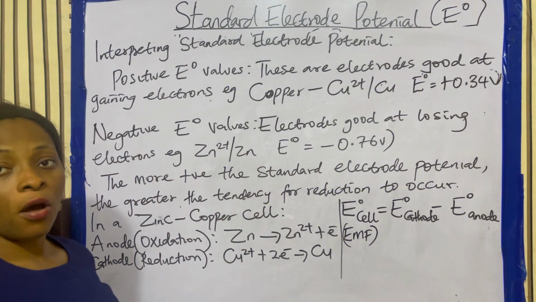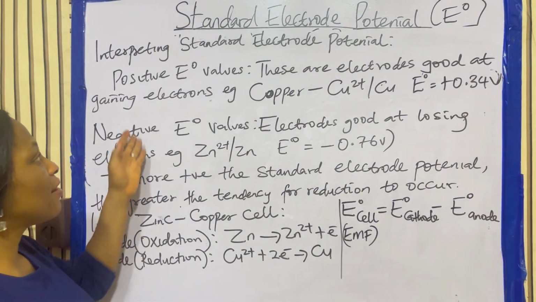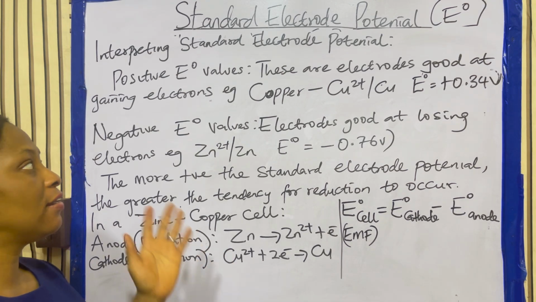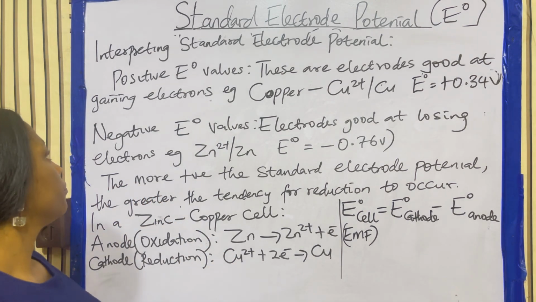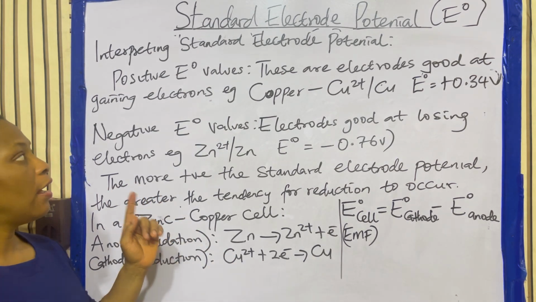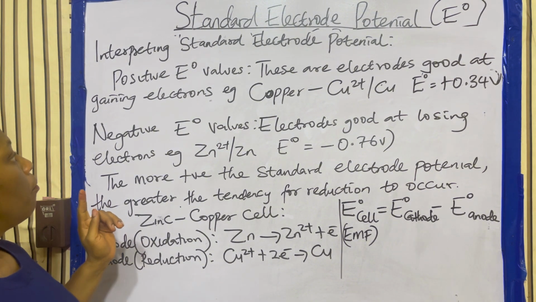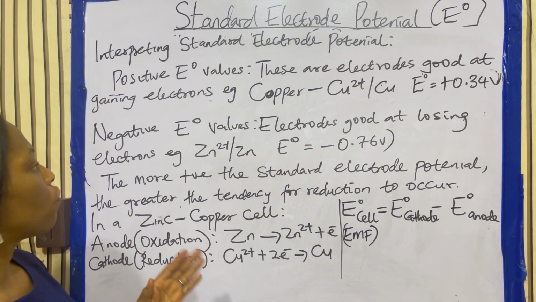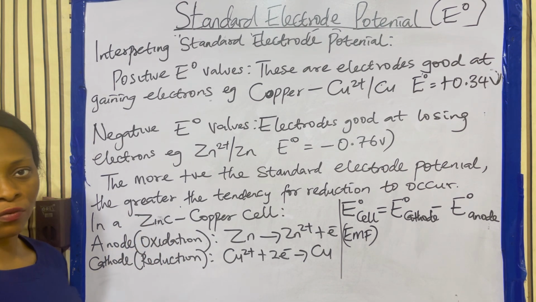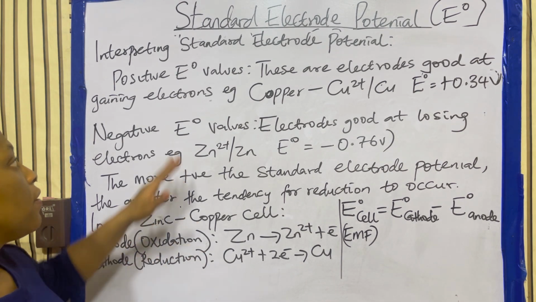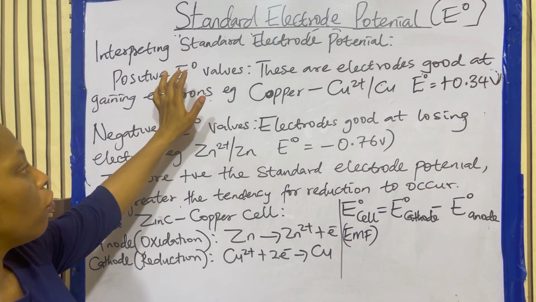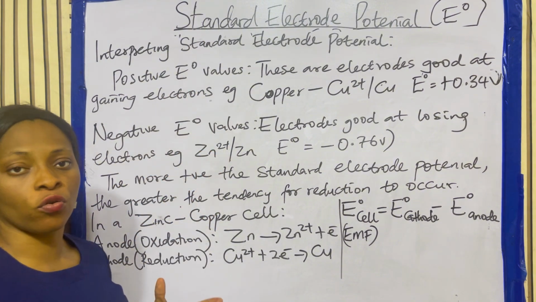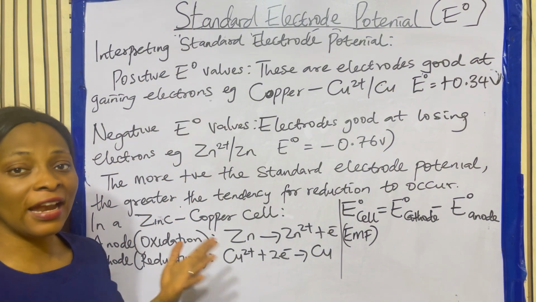Are we together? Okay, so let's learn how to interpret standard electrode potential. Now, positive standard electrode potential values are those of electrodes that are good at gaining electrons.